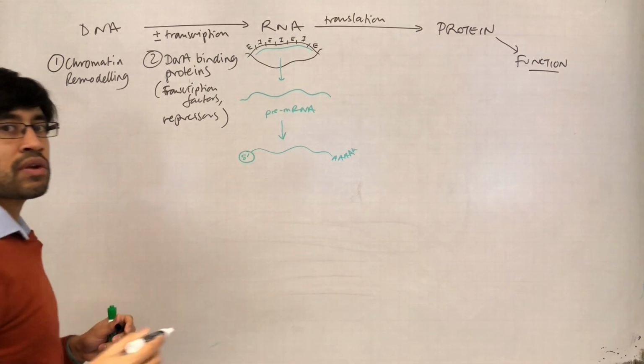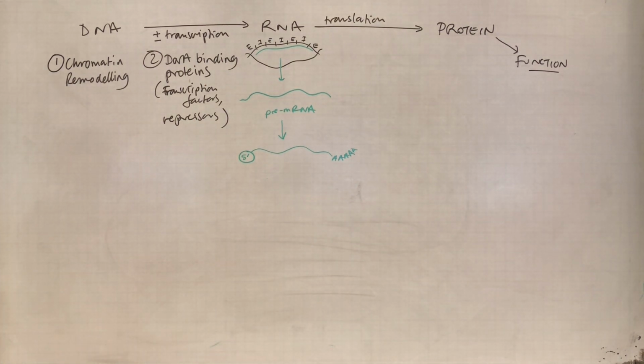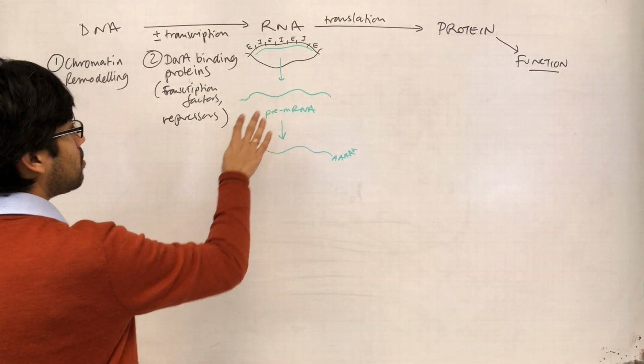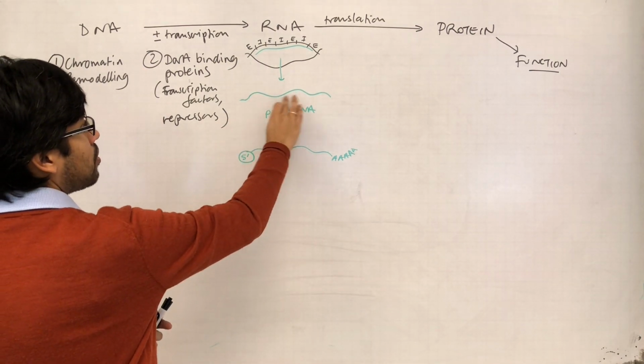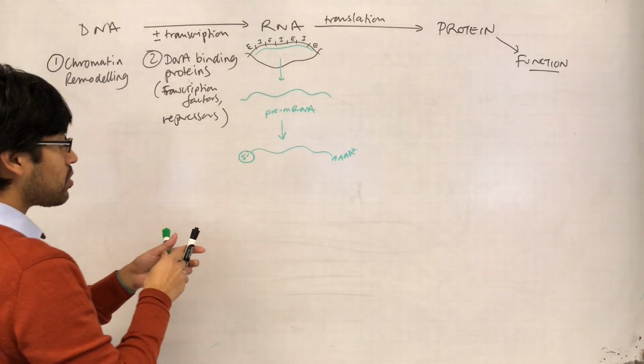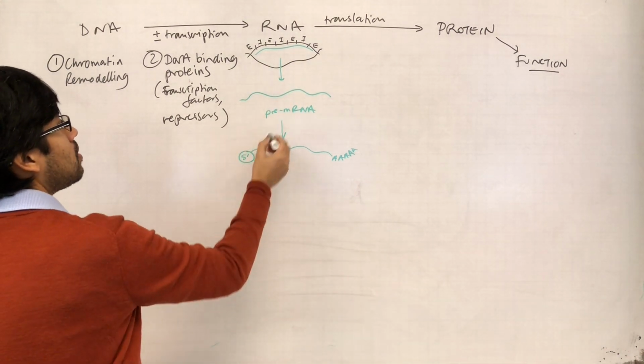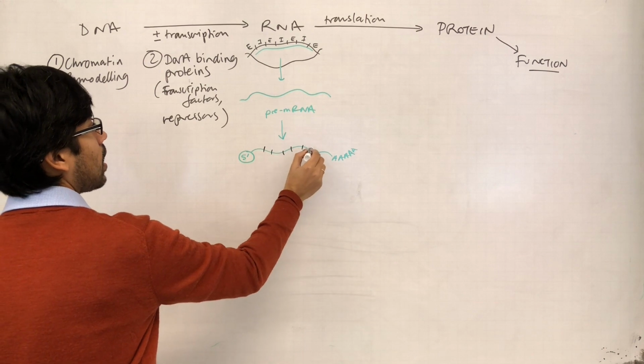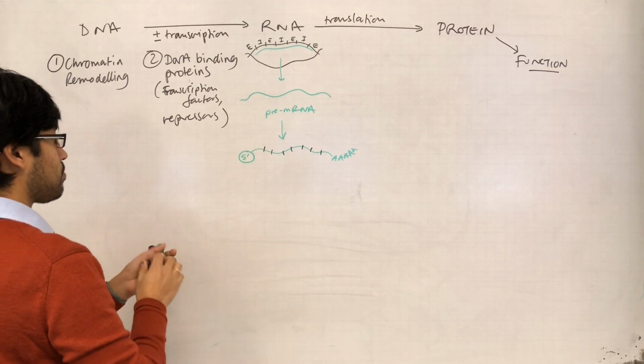Now, the reason for their existence will make sense later on. But for now, what we need to mention is that the pre-mRNA, because it's an exact copy of the DNA, also contains the introns and the exons.